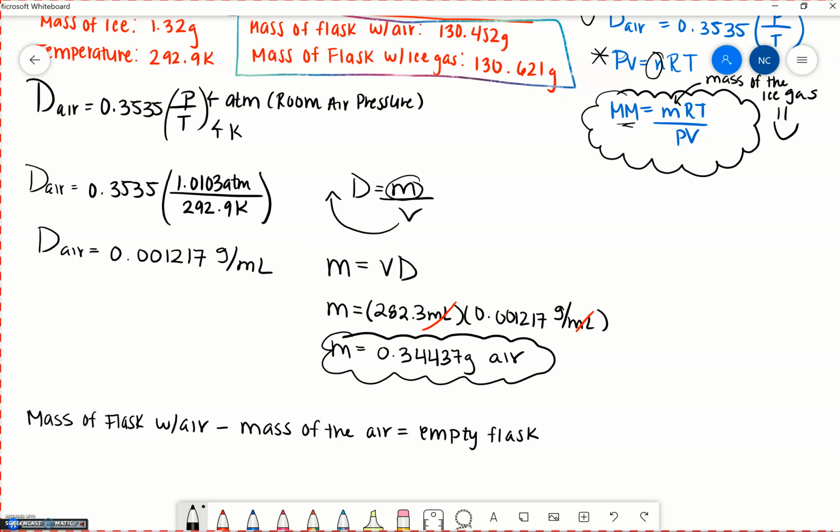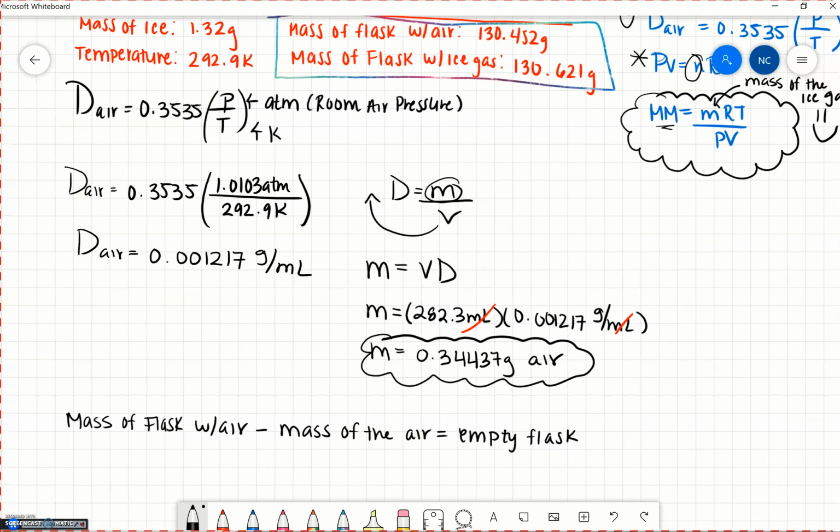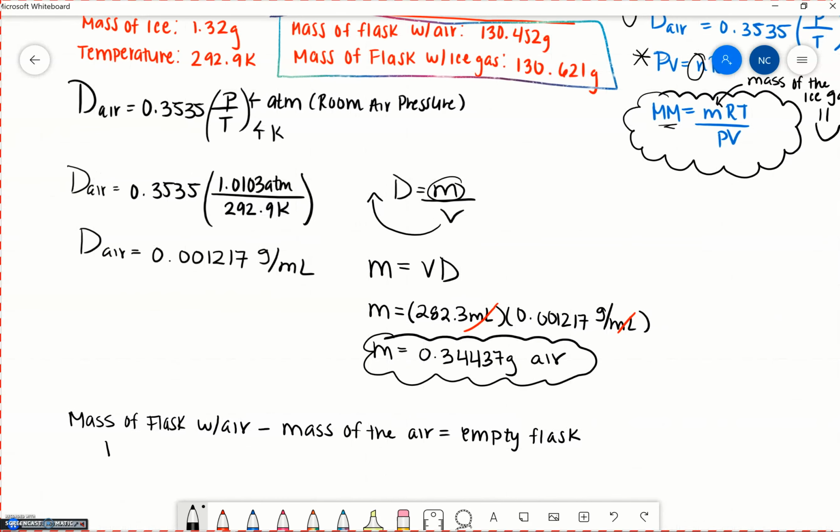Okay? And then plug in those values. So 130.452 grams minus 0.3437 grams, and that should get you 130.10746 grams. And that is the mass of the empty flask.